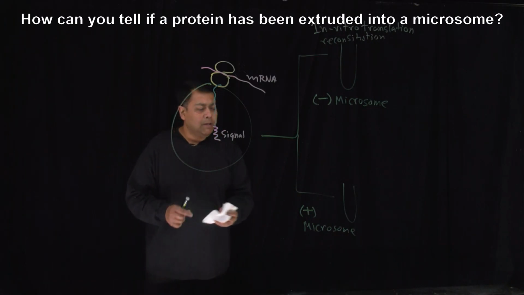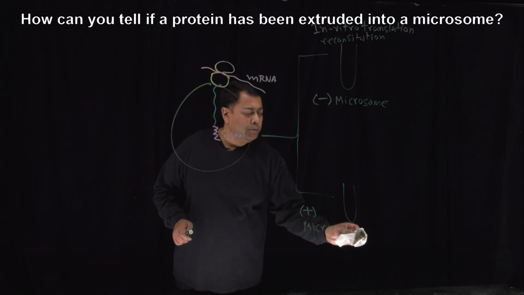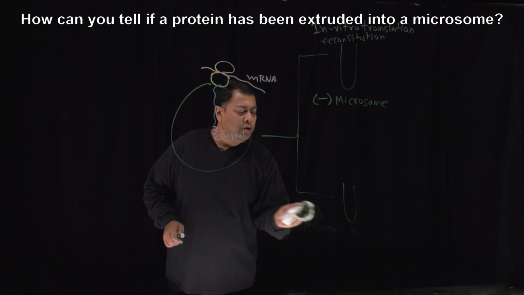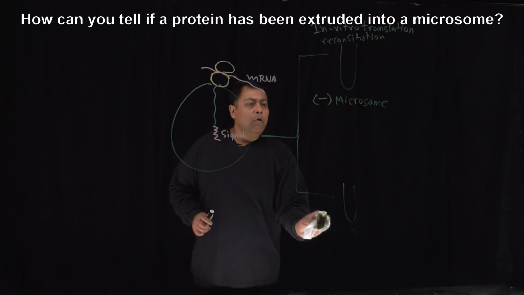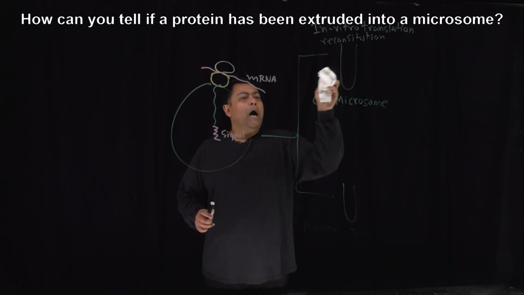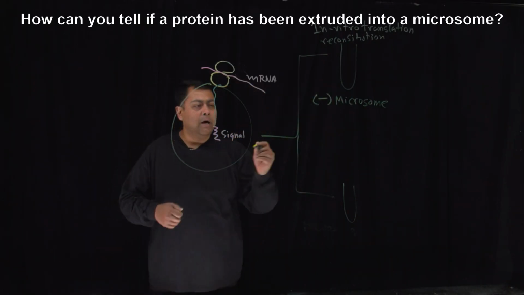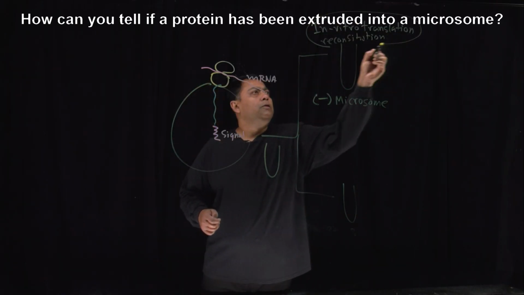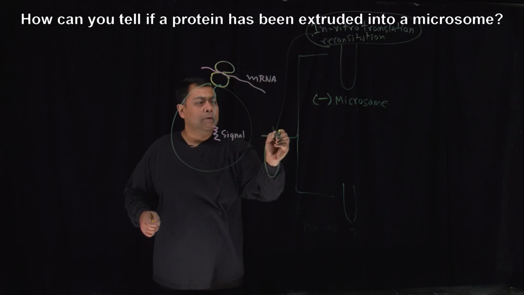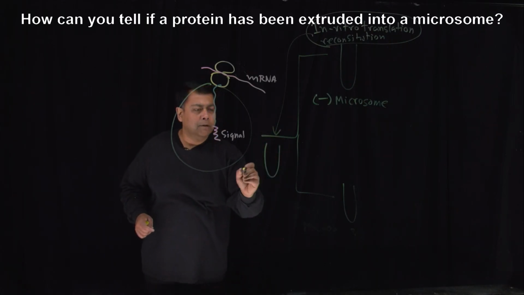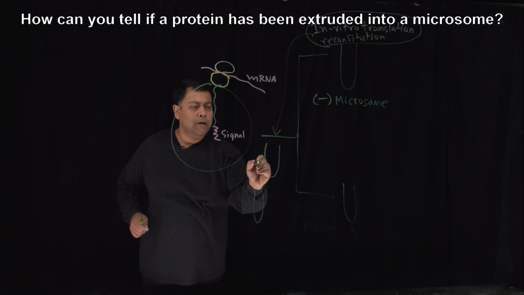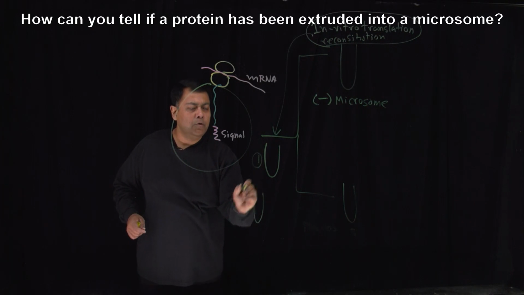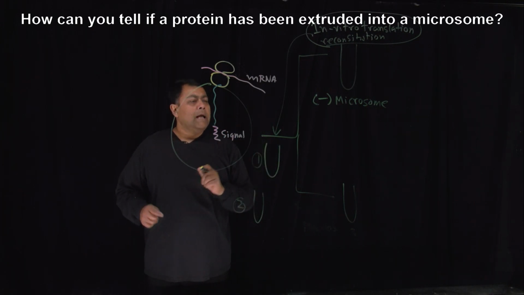Instead of the plus and minus microsomes, we will do a single set of in vitro translation reconstitution right here. And of course, you will have two tubes, experiment 1 and experiment 2, identical.